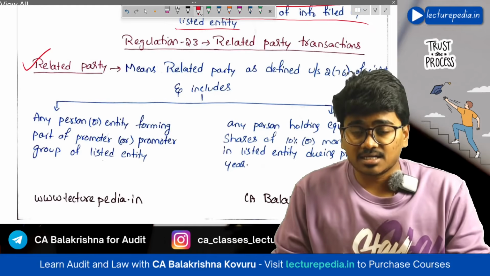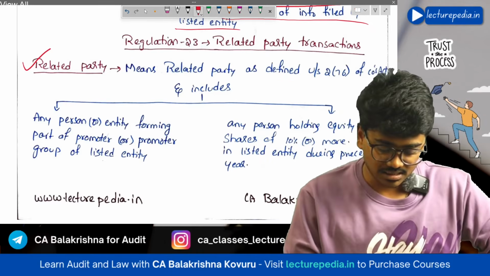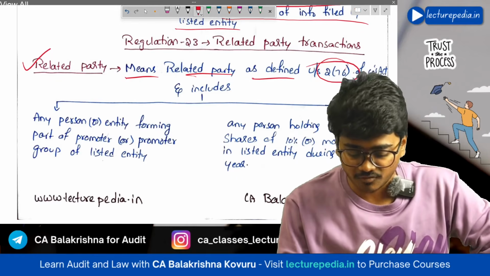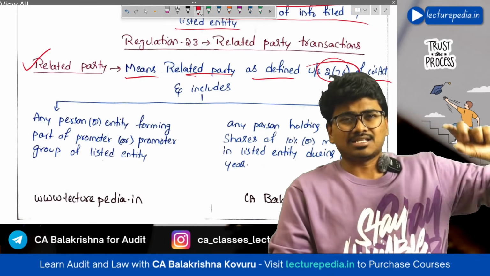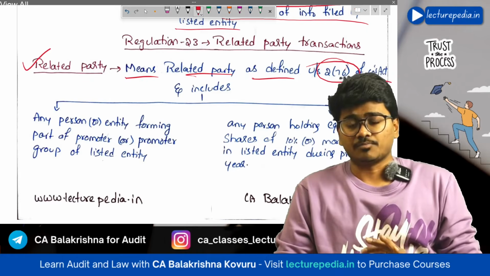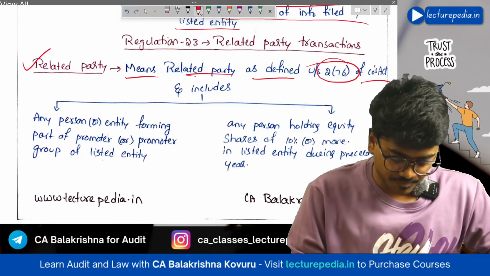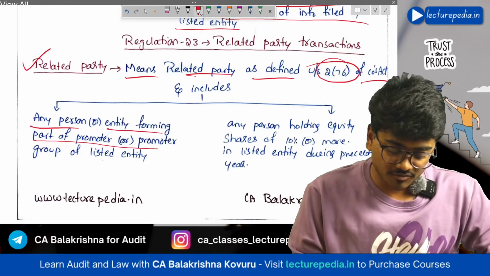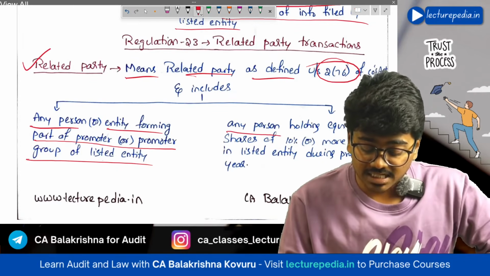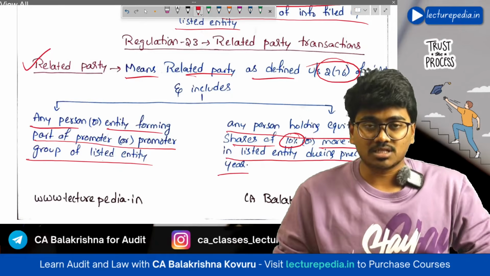the related party as per the definition under the Companies Act 2013, that is, as defined in section 2 subsection 76 of the Companies Act 2013. The same related party definition should be applied here also. Apart from that, related party also includes any person or entity forming part of the promoter or promoter group of the listed entity, and also any person holding equity shares of 10% or more in the listed entity during the preceding year.